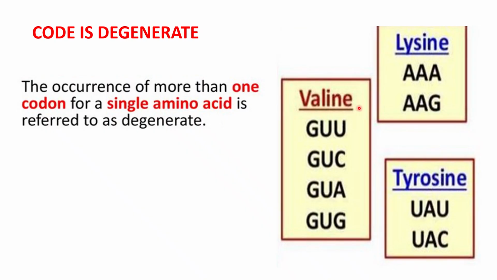Here we have valine, which has 4 codons: GUU, GUC, GUA and GUG. Apart from this, we also have amino acids which are coded by almost 6 different codons. So our code is degenerate. One amino acid can be coded by more than one codon.